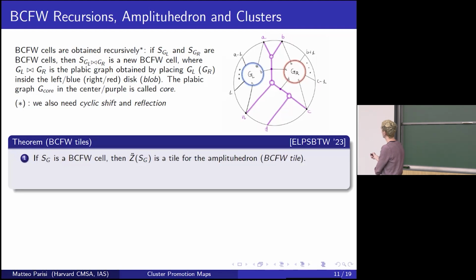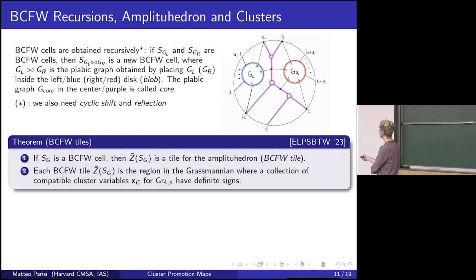So what we showed in our previous work is that if S_G is a BCFW cell, then its image is a tile for the amplituhedron. But importantly, we showed that each BCFW tile, this image of the BCFW cell in the amplituhedron, is the region in the Grassmannian where a collection of compatible cluster variables, which we denote as X_G, for the Grassmannian Gr(4,n) have a definite sign.